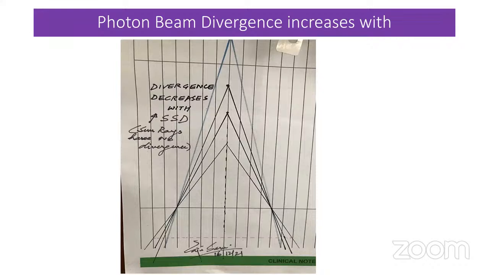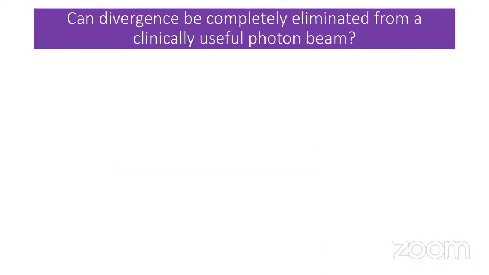When you're using adjacent fields, this divergence matters, because you have to either take care of it or at least be aware that this beam may be diverging into a critical structure, and that critical structure may be getting contribution from both the beams, as we will talk now.